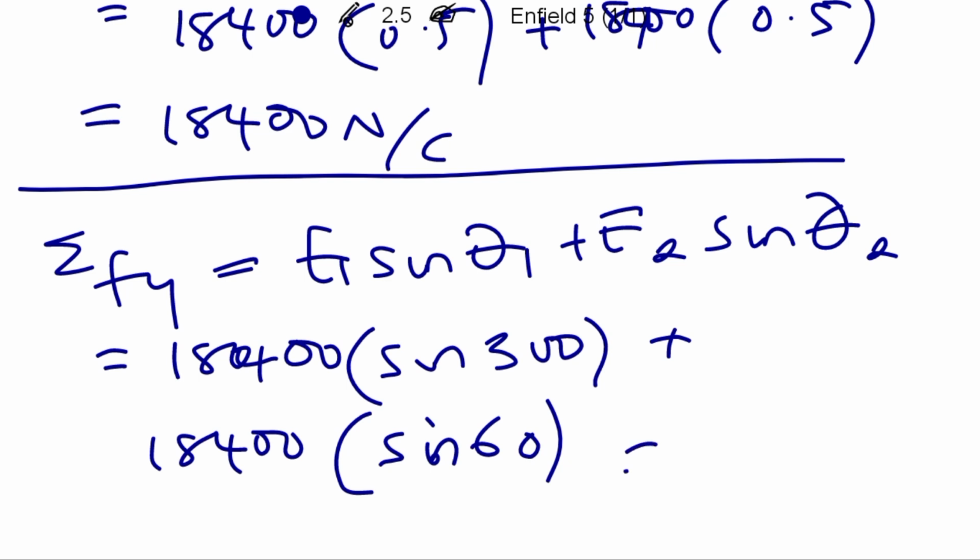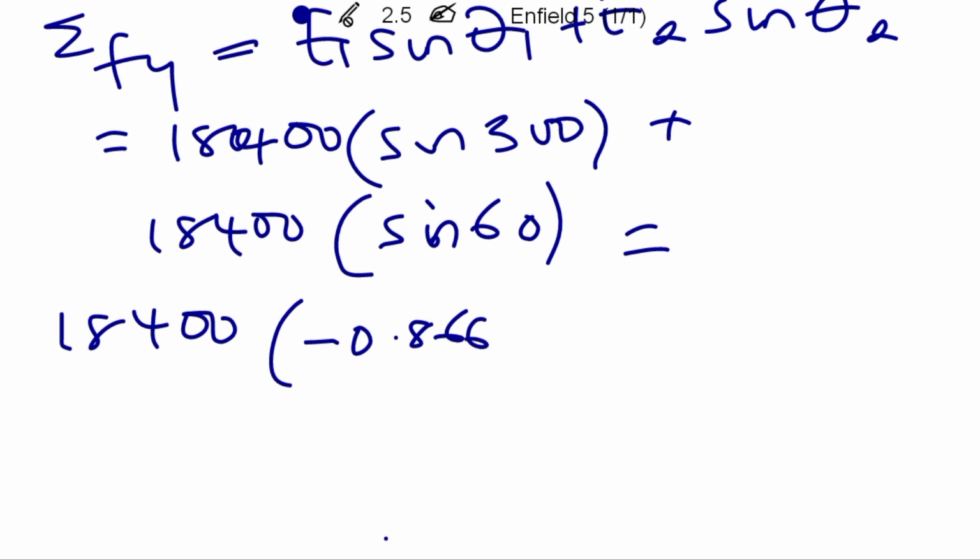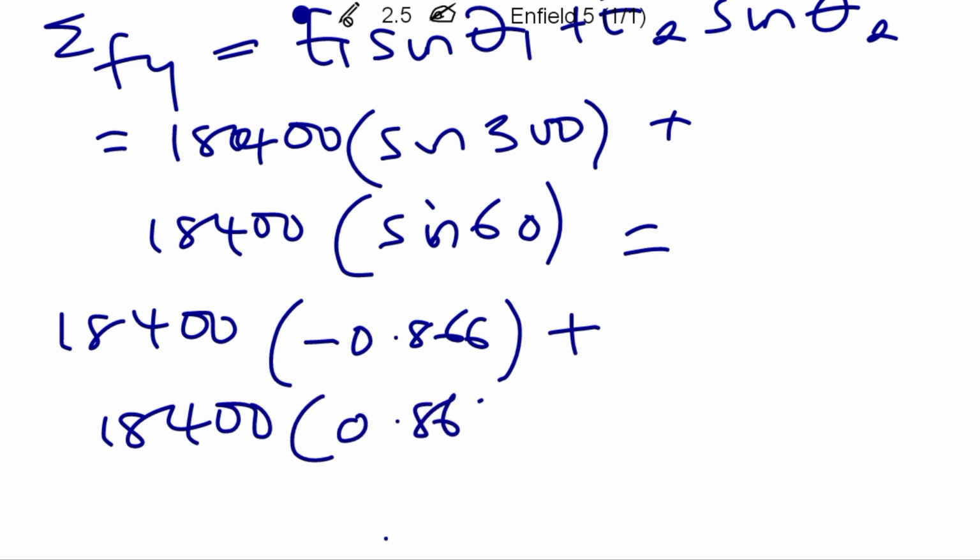So that equals 8400 times negative 0.866 plus 8400 times 0.866, which at the end of the day is going to give us 0 due to this negative sign, right?